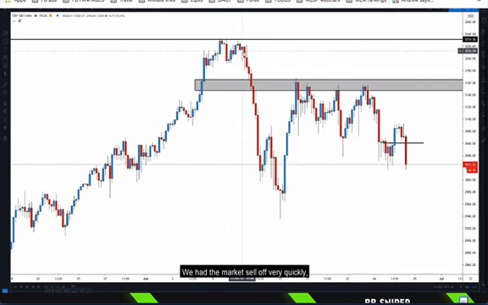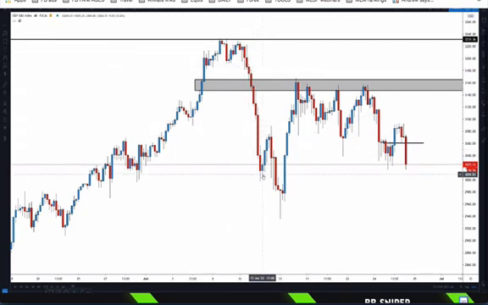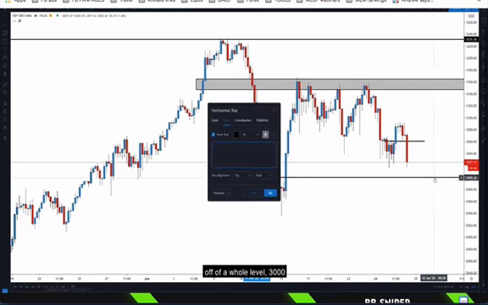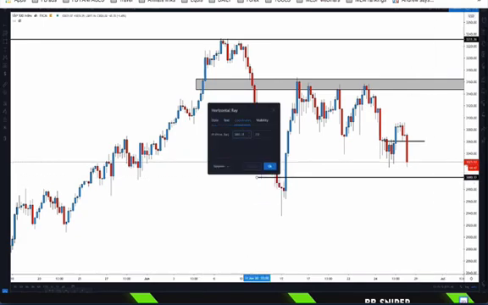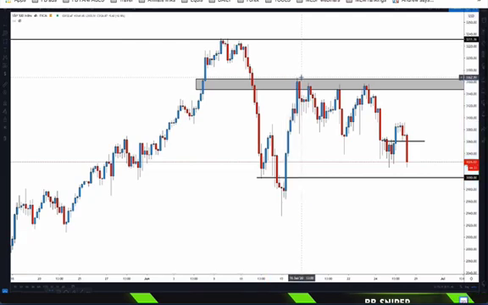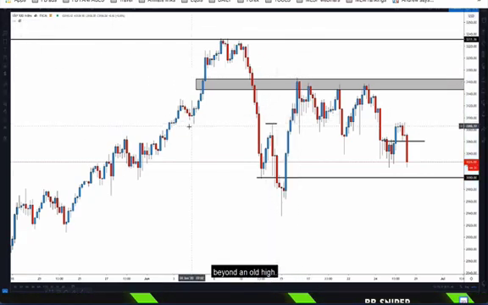We had the market sell off very quickly, slight little bounce off of a whole level, 3,000, to then come lower one last time before immediately shifting aggressively beyond an old high.